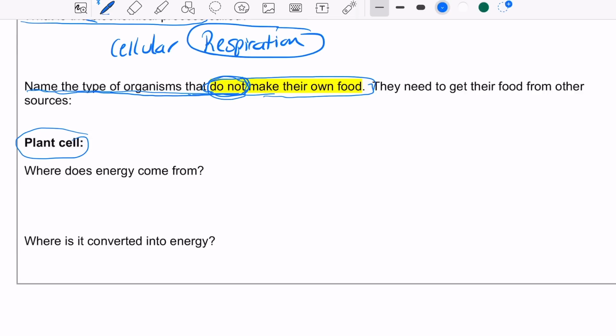Organisms that do not make their own food are called heterotrophs. They have to get their own food.